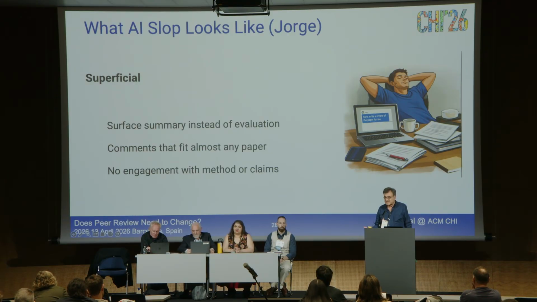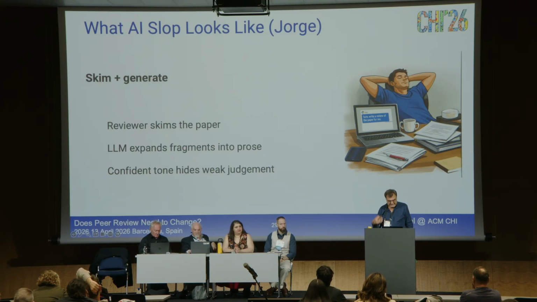So you get a superficial evaluation, comments that could match your paper or your neighbor's, no engagement with the method or claims, and some lack of basis for claims. Another variant is this kind of skim plus generate. The reviewer skims the paper, the LLM expands the fragments into prose, and the confident tone of the LLM hides weak judgment.